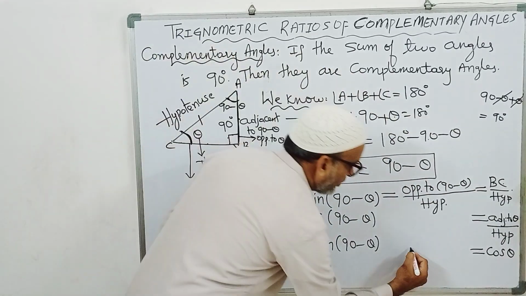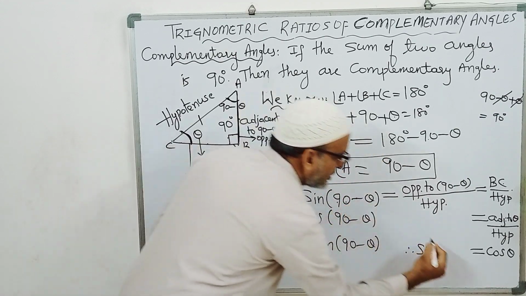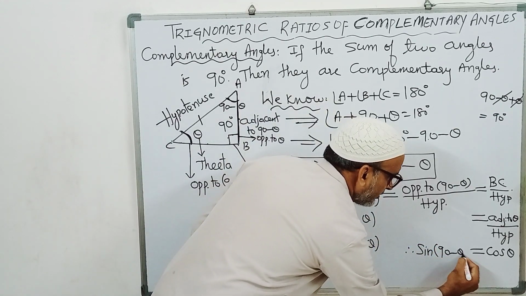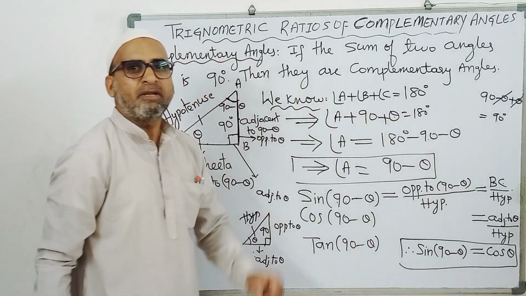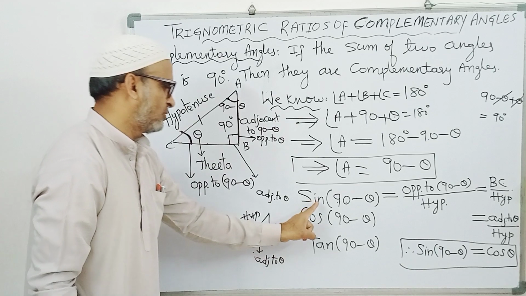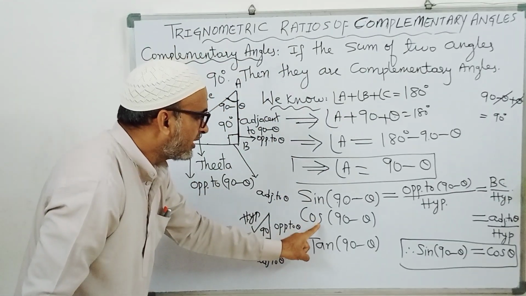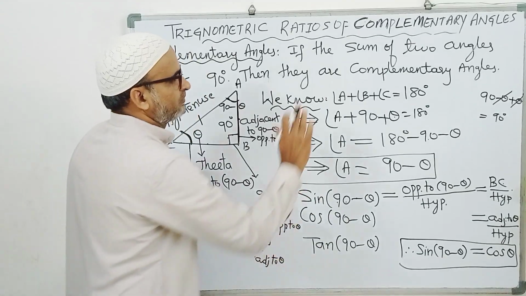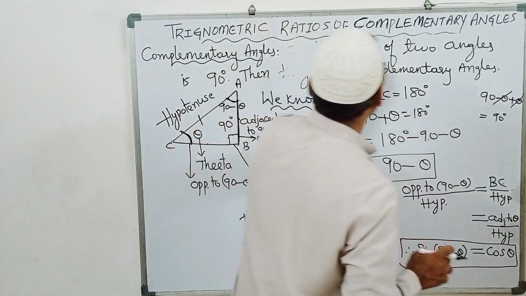Therefore, what did you understand? Sin of 90 minus theta is equal to cos theta. Like that only, cos of 90 minus theta now. I am removing this one. See here.